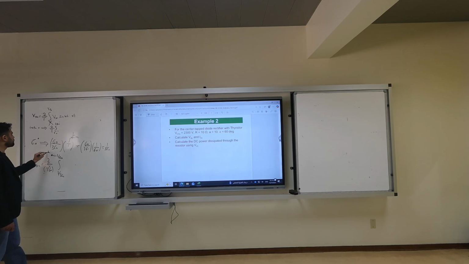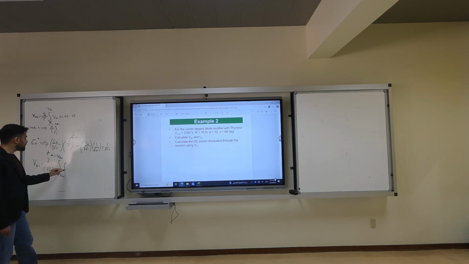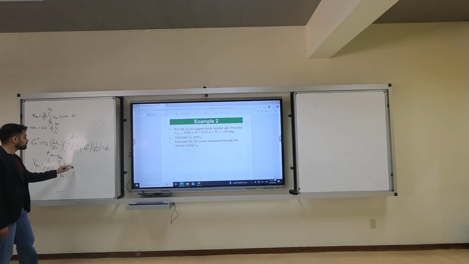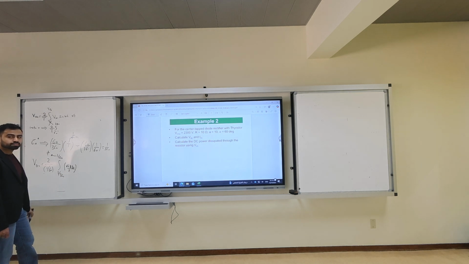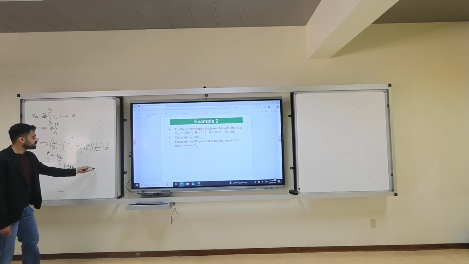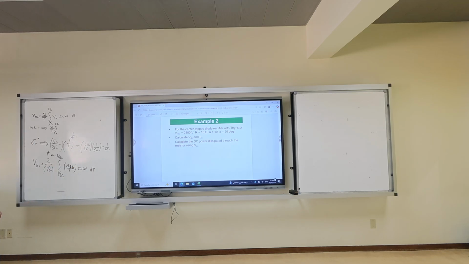VDC is 2 over T, where T is 1 over 60, of, what is Vm? Square root of 2, 230 divided by 2, sine omega t dt. You do this integration, you should get VDC.